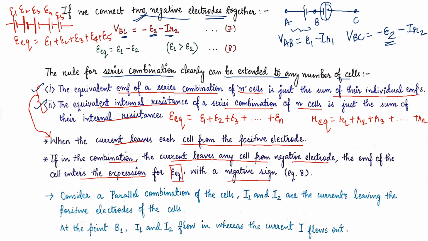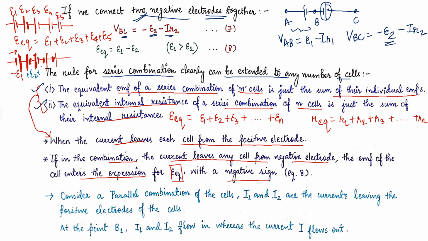Okay, but in case this is the condition, see, positive over here is connected with the positive, but here negative is connected with positive, here negative is connected with negative, and here negative and positive are connected. So in this case, current is flowing in this direction. So it will have an EMF of minus E1. This will have EMF of plus E2.